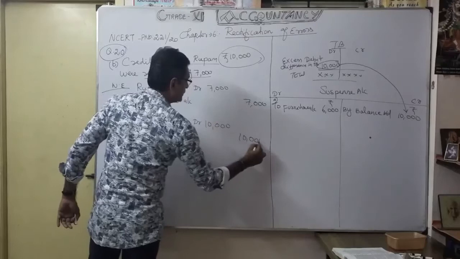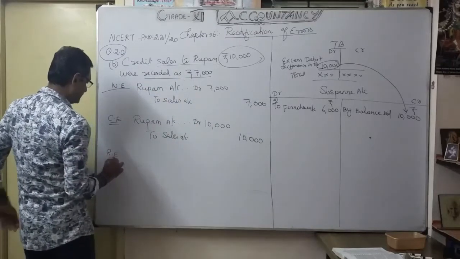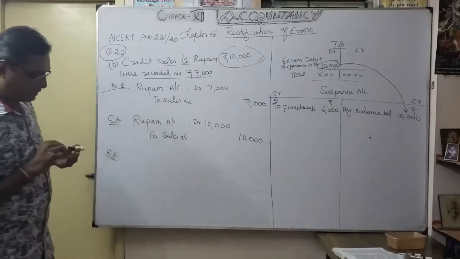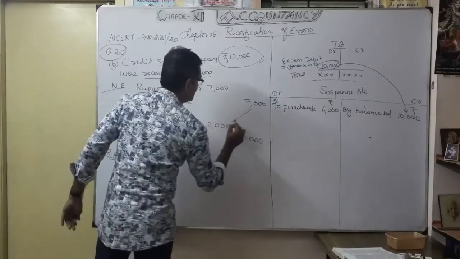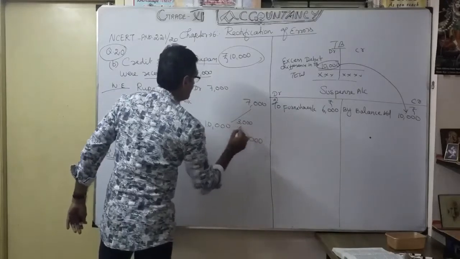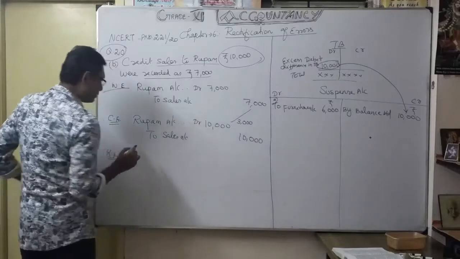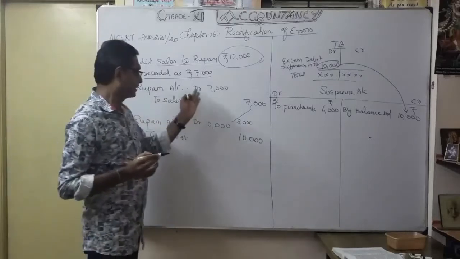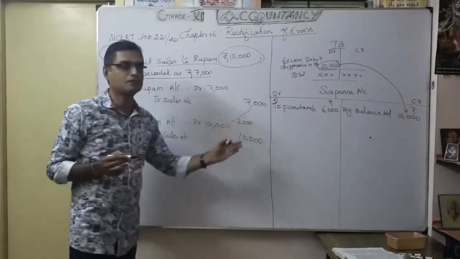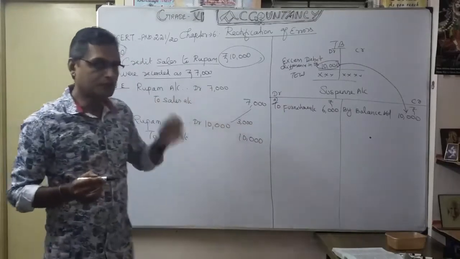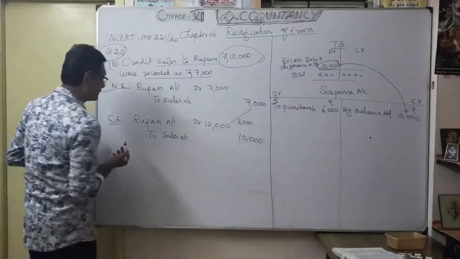So what is the rectification entry? See here carefully. Only the difference is 3,000. So we want again the same entry. Instead of 10,000, they recorded 7,000 in Reuben account and sales account. So the difference of 3,000 we again record in the same manner. That's the simple rectification entry here.